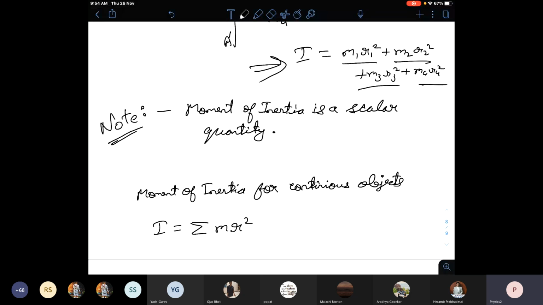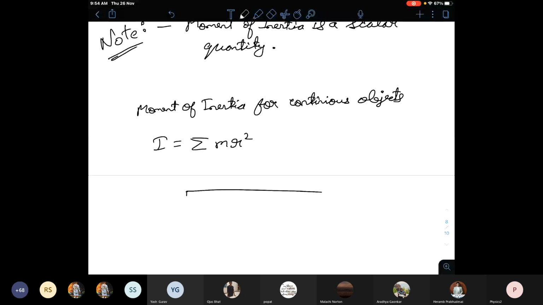But now I write m as dm. Suppose I want to write the moment of inertia for a rod about this axis, suppose this is the axis a dash. About this axis, a rod is rotating, about one end the rod is being rotated like this. It is going in circles like this, the complete circular path is being made by the rod. What you can do is take a small dm mass, like we did in center of mass.